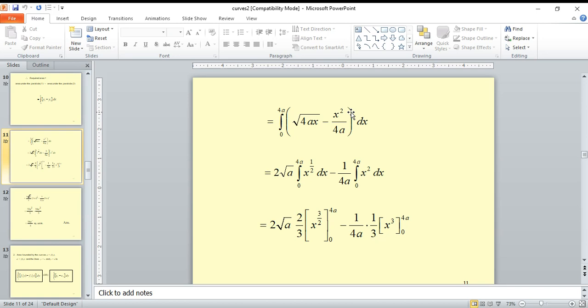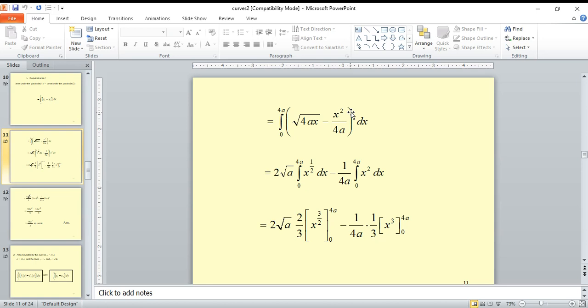Apply integration. 2 root a into x power 1 by 2, integration is x power 1 by 2 plus 1 by 1 by 2 plus 1, x power 3 by 2 by 3 by 2. Take 3 by 2 in the denominator, 3 by 2 into numerator, that equal to 2 by 3. 2 by 3 into x power 3 by 2, interval 0 to 4a, minus 1 by 4a into integration 0 to 4a x square, integration is x cube by 3. Take 3 outside: 1 by 3 into x cube, interval 0 to 4a.